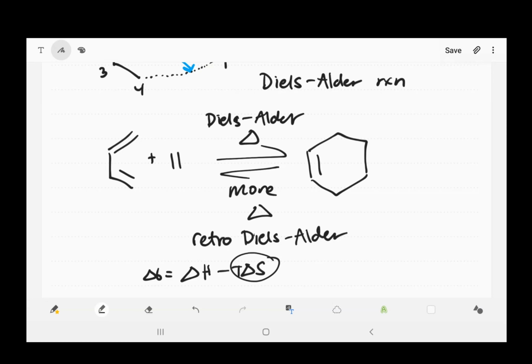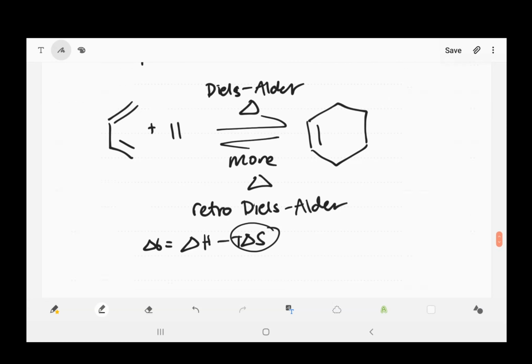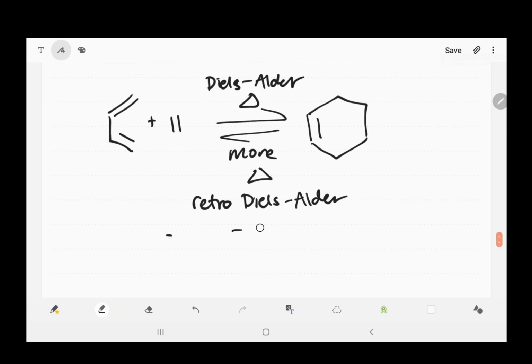And that's going to be important when we talk about cyclopentadiene. But for right now, I'm going to just erase it. These are exothermic reactions, but if you put more heat on them, you can get them to reverse. So synthetically, it can be useful to do either one, but generally the forward Diels-Alder is more useful because you're making carbon-carbon bonds.